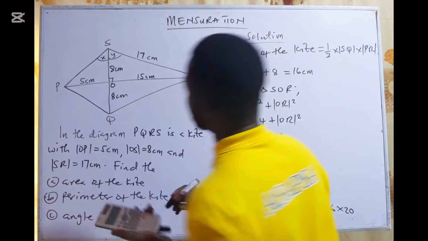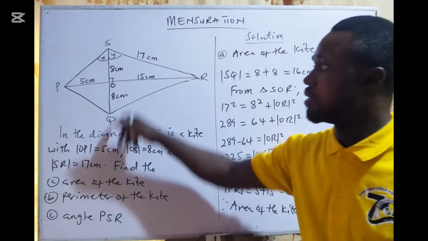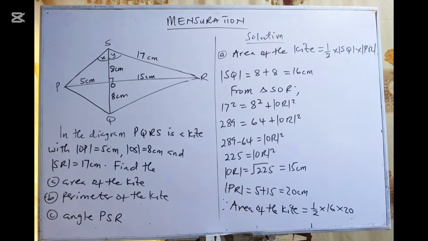So the product of the diagonals, 16 and 5 plus 15 which gives 20. So half times 16 times 20 will be 160. So that will give us 160 centimeters squared. So that is the area of the kite. So simple like that.